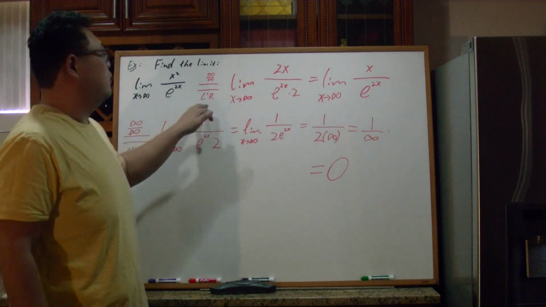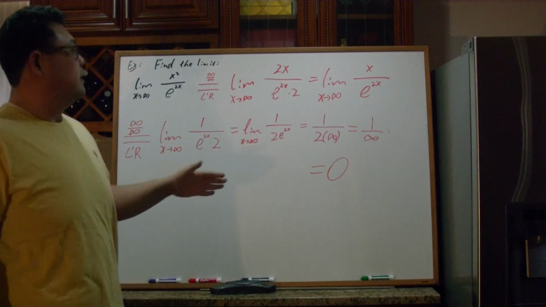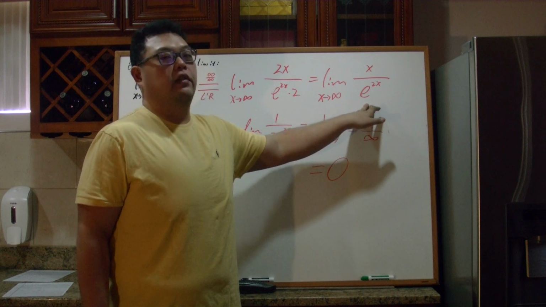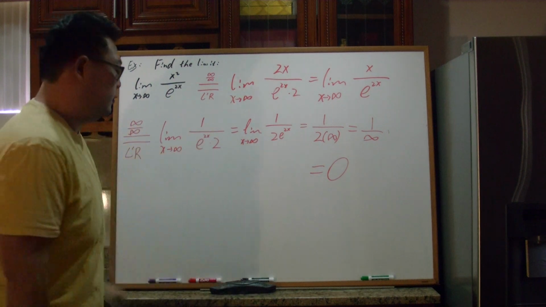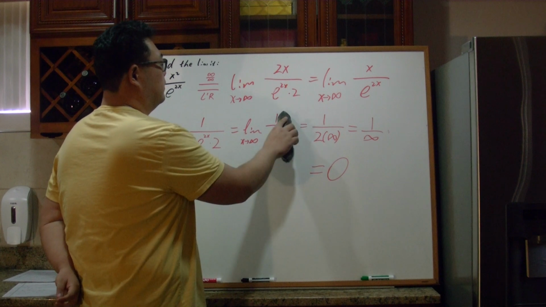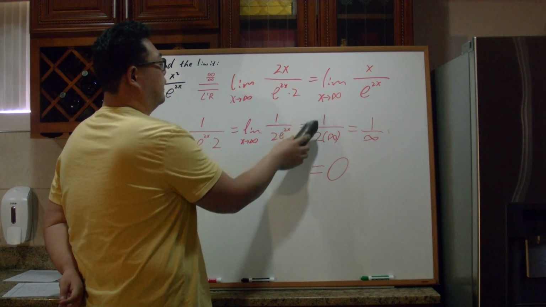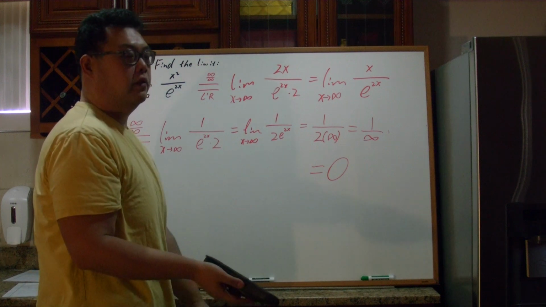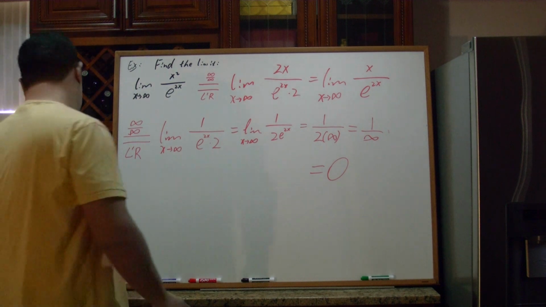So we see that in this we apply the L'Hopital's rule, but the result for the first derivative is a ratio that is still in indeterminate form. Then we can apply the L'Hopital's rule again to see what it will give us. Until it is not indeterminate, that means we're not getting 0 over 0, we're not getting infinity over infinity, we have constant over infinity in this case, then we are not able to apply the L'Hopital's rule. Right? L'Hopital's rule can only be applied once we have the indeterminate form.